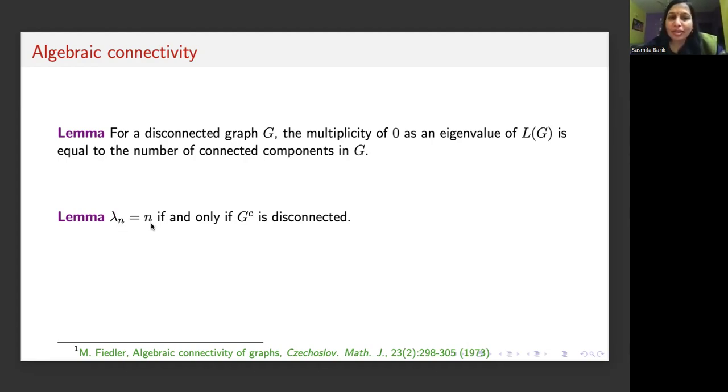Okay, and lambda n will be equal to n if and only if G complement is disconnected. So this is clear because if I take lambda n equal to n, then I have to show that G complement is disconnected.